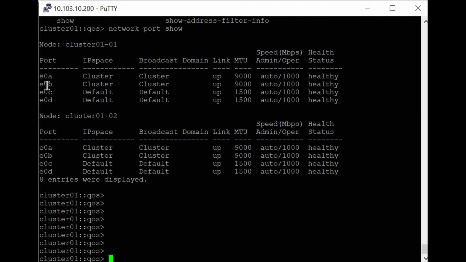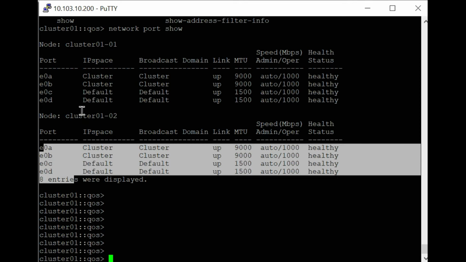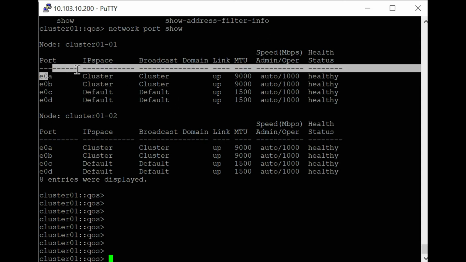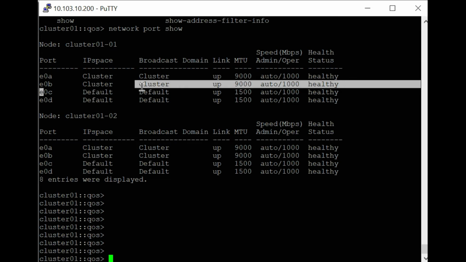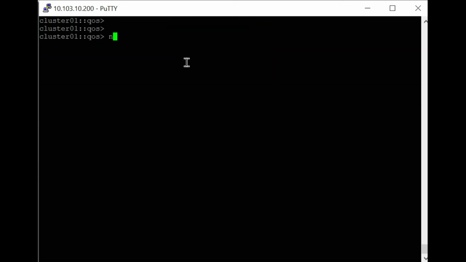So these are on node 1, the others on node 2. Again, this is not a NetApp course, but we're just having a tour of a SAN storage system. So some interfaces are used for the cluster itself, for heartbeating and data replication. The others are used for the management interface of the SAN storage, as well as data services like NFS and CIFS. So let's have a look at the network interfaces.